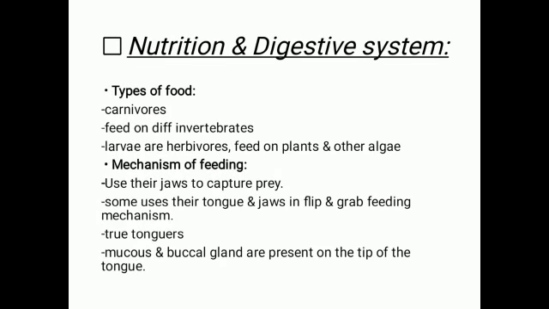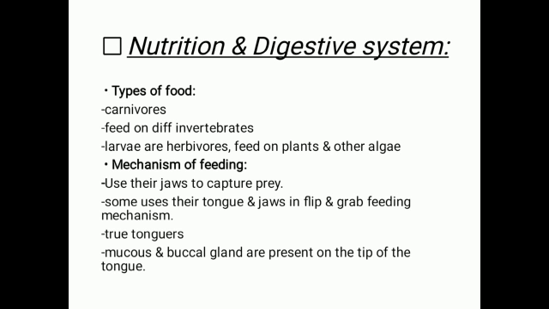Nutrition and digestive system. First is the type of food. Adults are carnivores and their larvae feed on herbivorous diets. Mechanism of feeding: they use their jaws to capture prey. Some use their tongue and jaws in a flip and grab feeding mechanism.